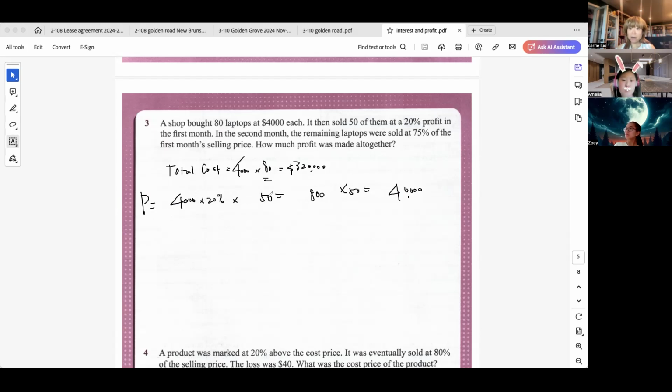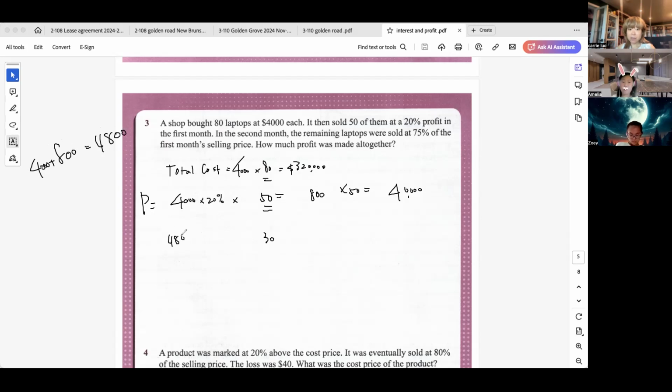So we get 80. So 50 were sold. So the rest of them will be 30, right? Sold at 75% of the first month selling price. We know the first month is making 800 per laptop. 那一个 laptop 是 4,000, 对不对？那是不是 4,800? 那他卖了多少钱？卖了 75% of the first month selling price.